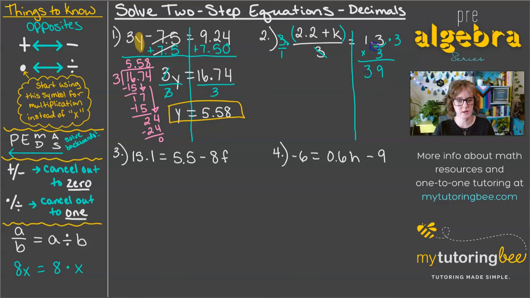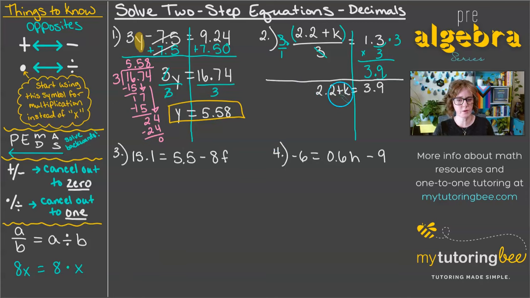We have one decimal place that we need to move over here, so I'm just going to move that decimal place 1 over there in my product. So let's go ahead and see what we've got here. So we've got 2.2 plus k, that's what was left from this side, and that equals 3.9. So I'm just going to write all of that right there.